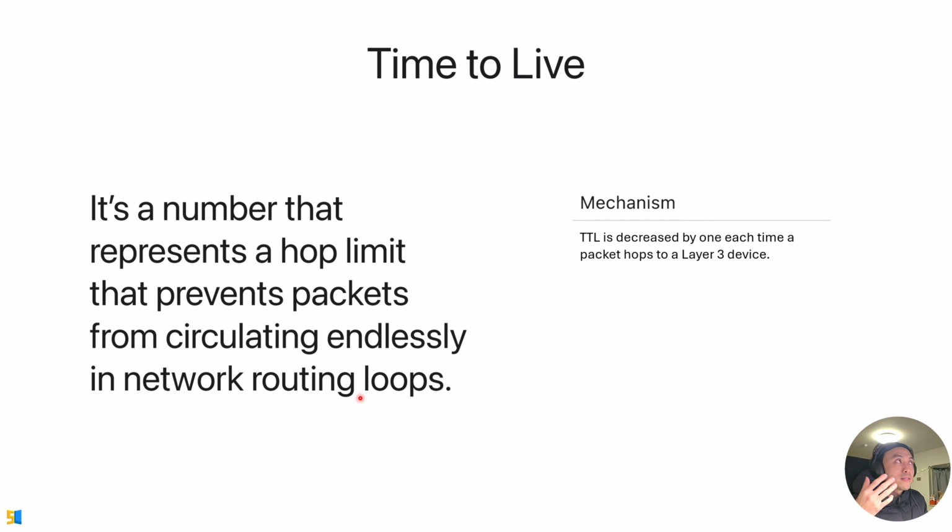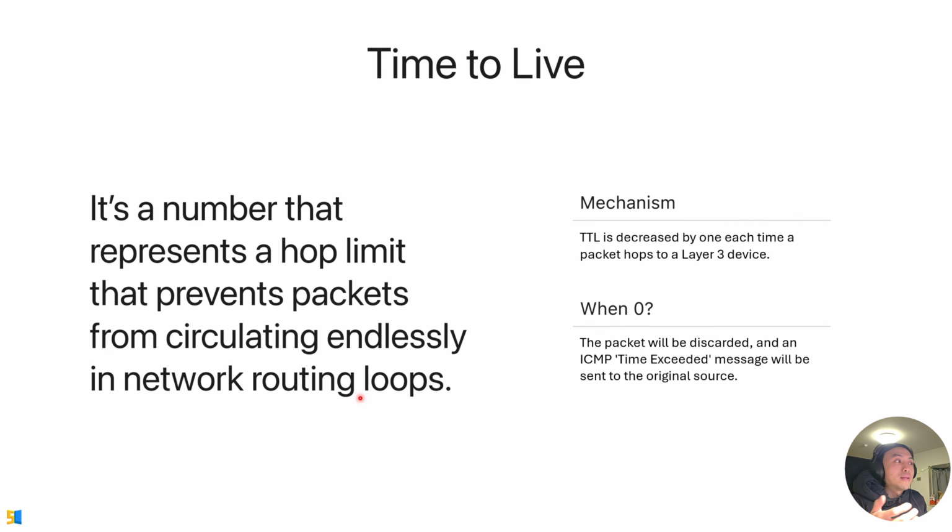If it comes to a switch, which is a layer 2 device, the TTL will not be decreased. It's just for layer 3 devices. And when the number gets to 0, the package will be discarded, and then the router will send an ICMP time exceeded message to the sender. That's the mechanism.